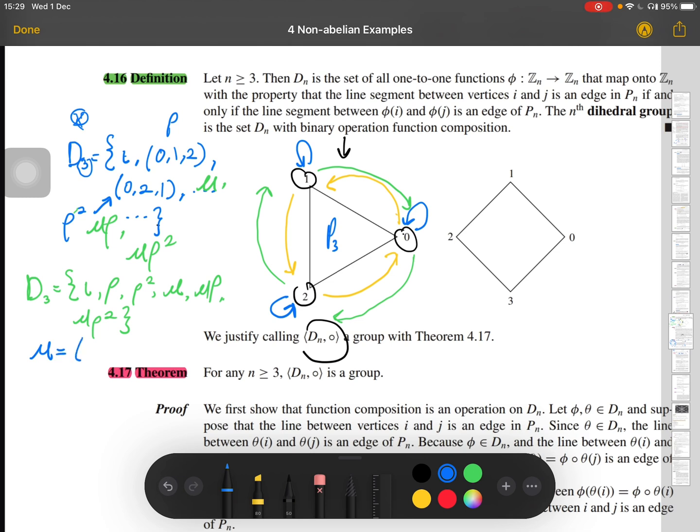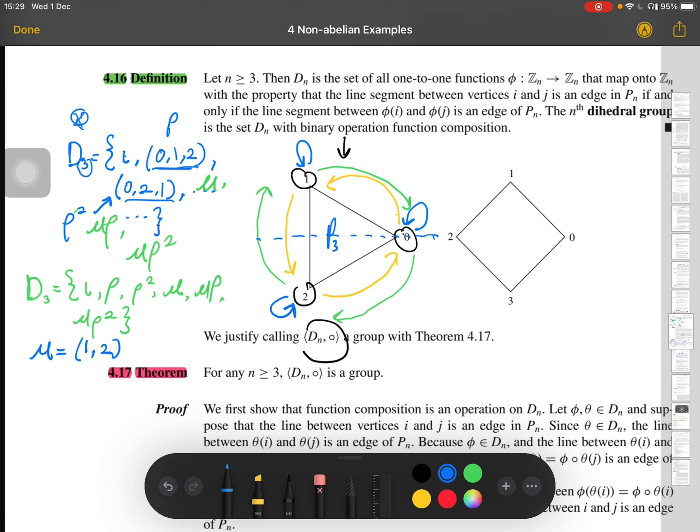You draw the x-axis there, right? So you can see that mu is 0 maps to 0, 1 maps to 2, and then 2 maps to 1. So that is your mu. And then mu rho, you just multiply mu with 0, 1, 2, and then mu rho square, you multiply mu with 0, 2, 1. And then your D3 is complete.